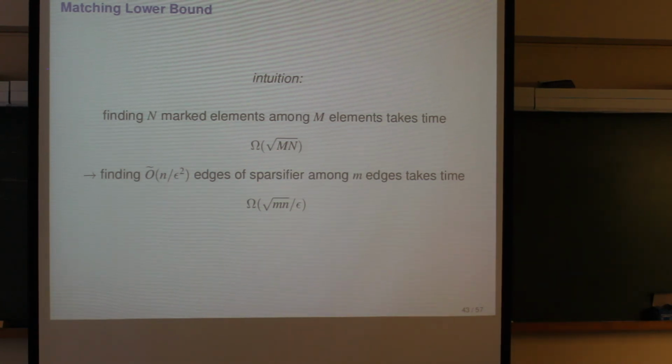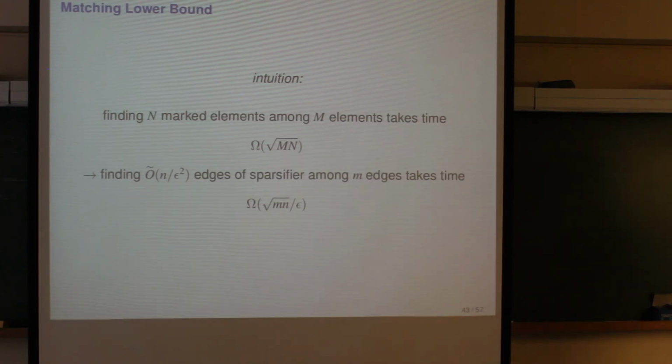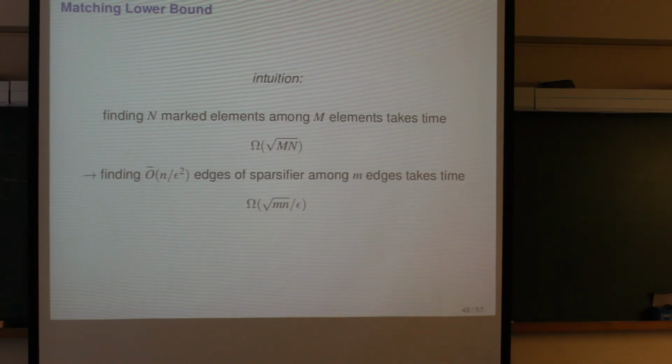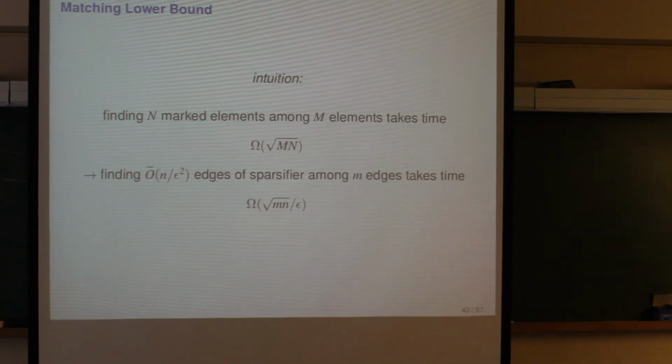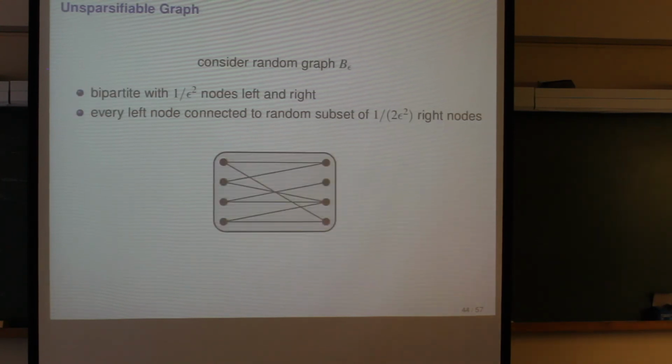So that's the intuition behind the lower bound, right? We have m edges and we want to find this sparsifier which has n over epsilon squared edges. But of course there are a lot of details in how to concretely formalize this. So what we did is we looked at certain random graphs of the following form.